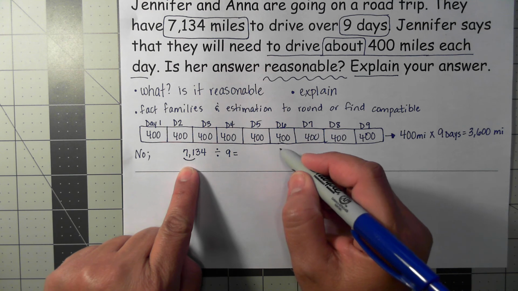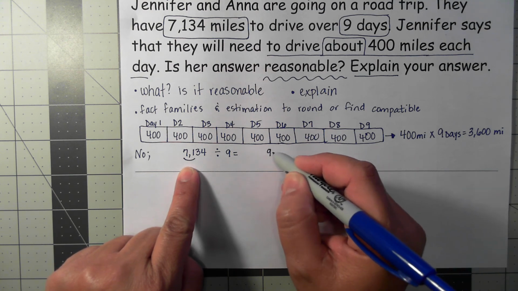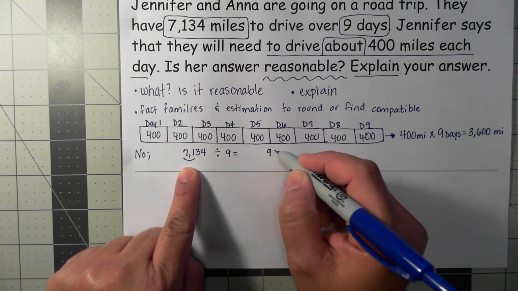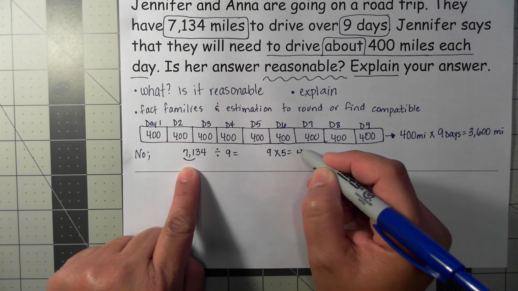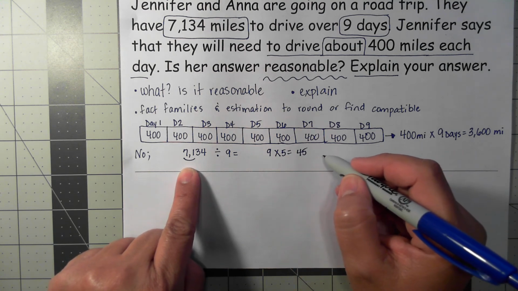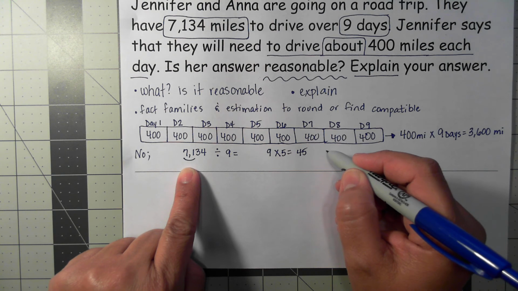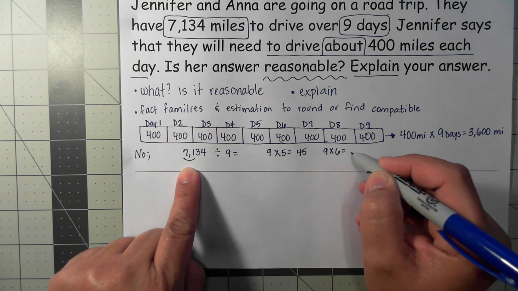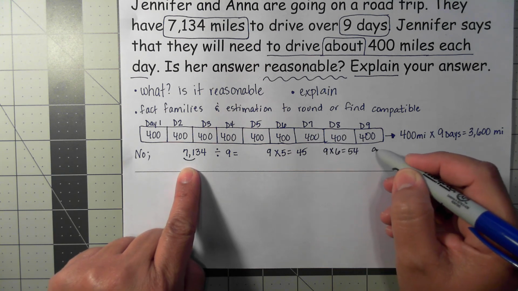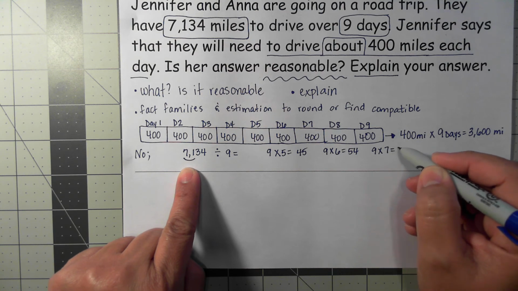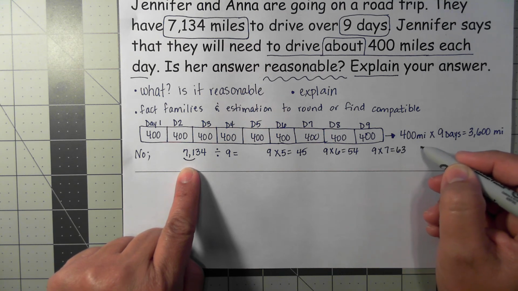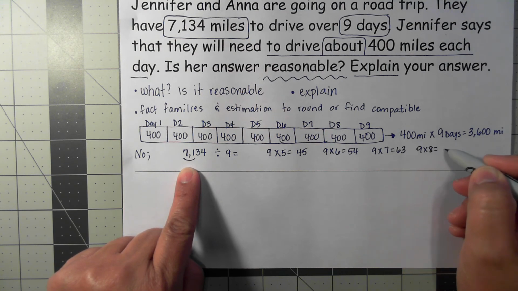And I have to think of all of the fact families in 9s that would get me close to this. So watch this. I know I'm going to start with a higher number. I can say 9 times 5 is 45. 9 times 6 is 54. 9 times 7 is 63. 9 times 8 is 72.